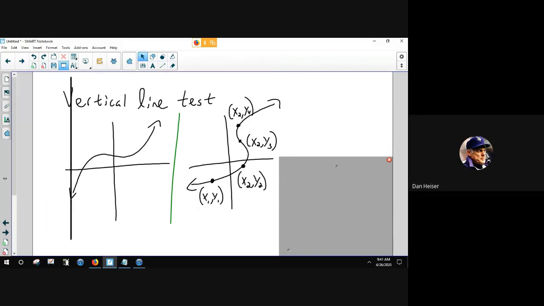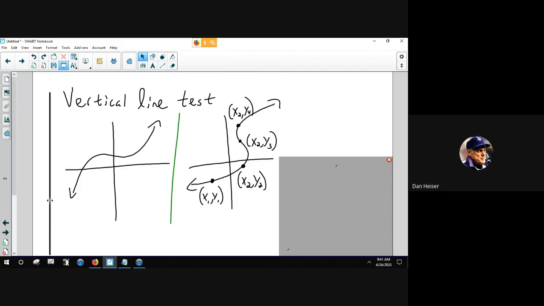If I move it across the function, that line should only hit the graph of that function one time. And as I move in here, that happens. This vertical line never crosses the function more than once. So this graph right here is a function.